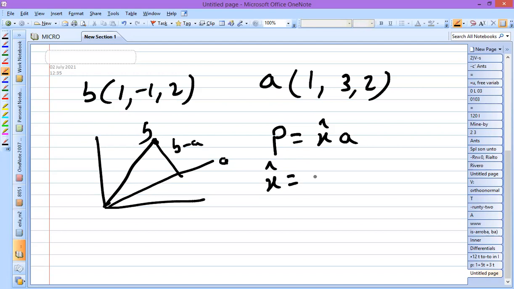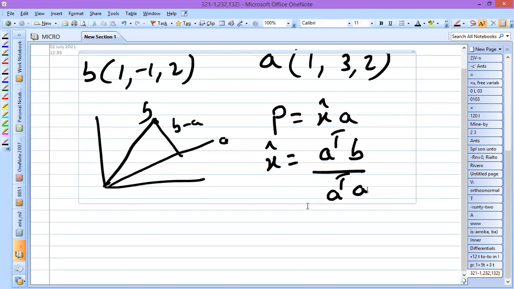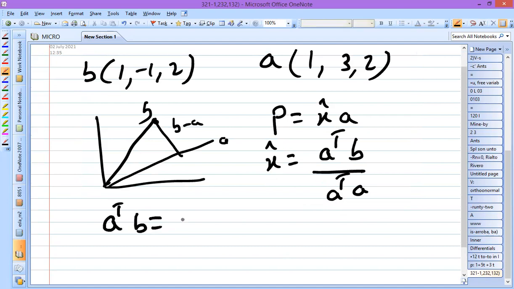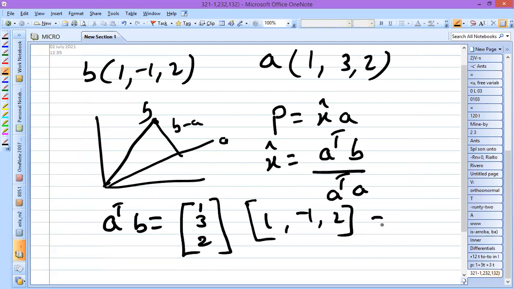X is given by A transpose B divided by A transpose A. Now if we consider A transpose B, take the dot product: A transpose, that is 1, 3, 2 written as a row, along the column B, which is 1, -1, 2. Multiply and get the answer.